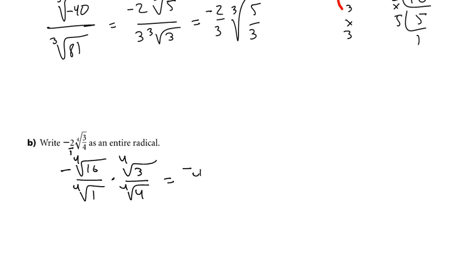So I can put all of that together under one huge root. I get 16 times 3 over 1 times 4. 16 over 4 is the same as 4 over 1. So that gives me negative 4th root of 12.